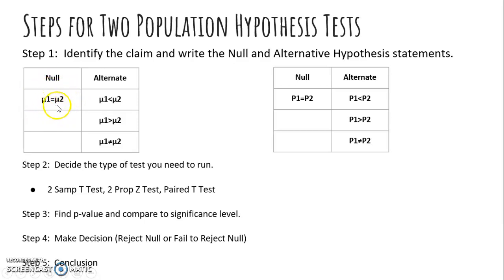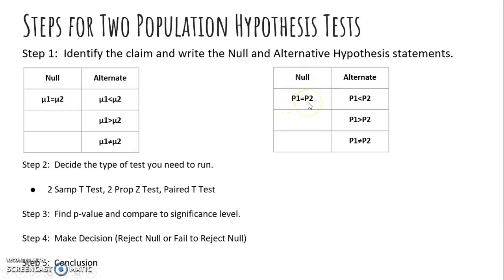So our null will always be mean 1 is equal to mean 2 if we're testing 2 populations to compare their means. If it's 2 populations to compare their proportions, it's P1 equals P2.